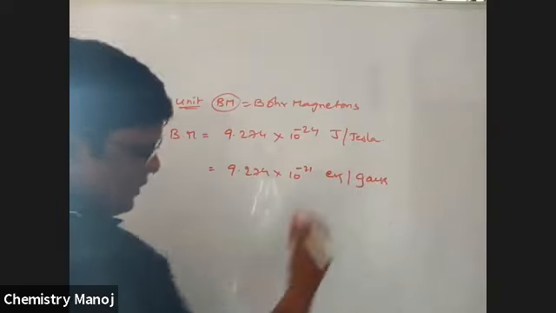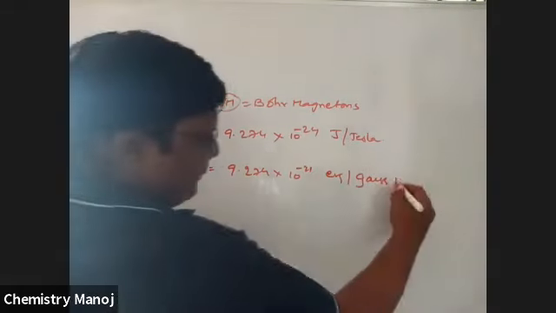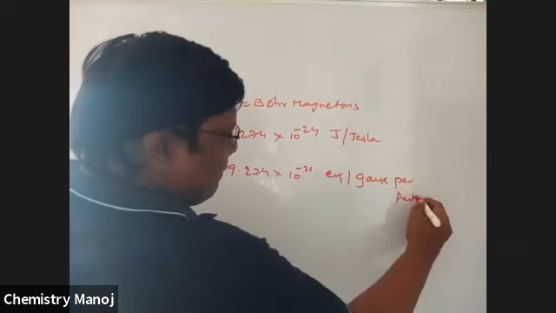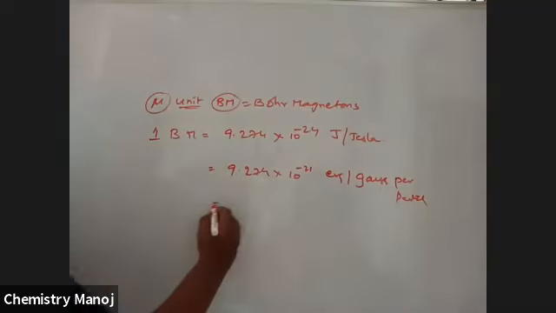These are different units, erg per gauss per particle.